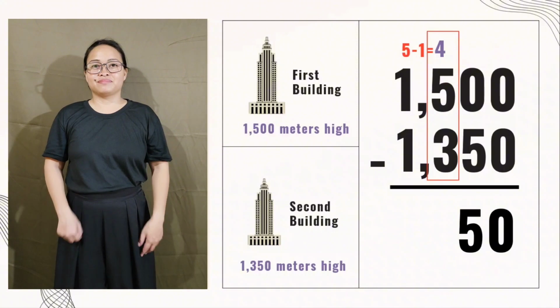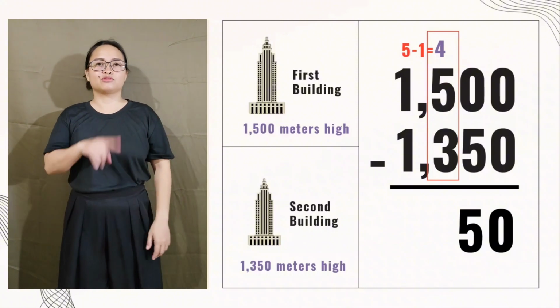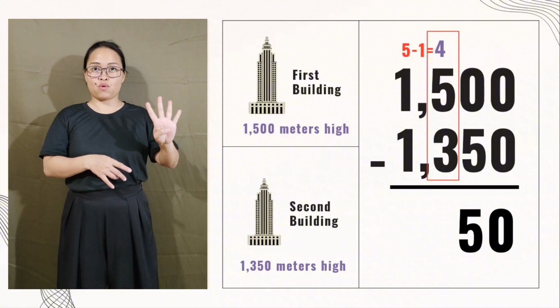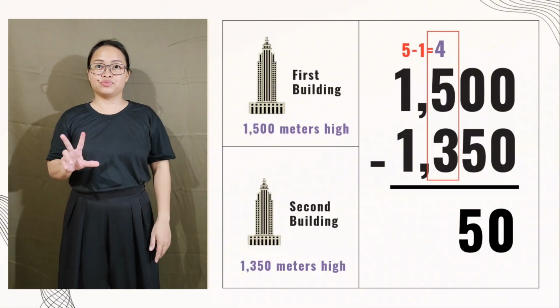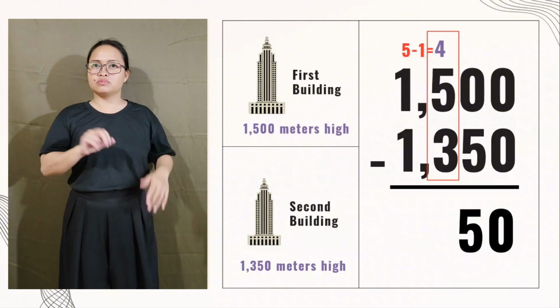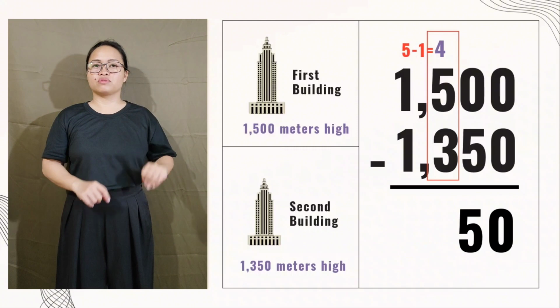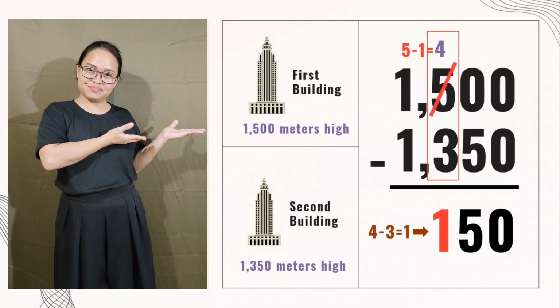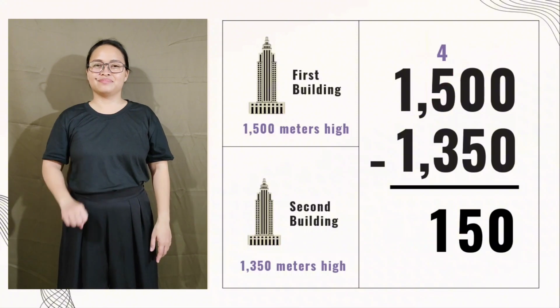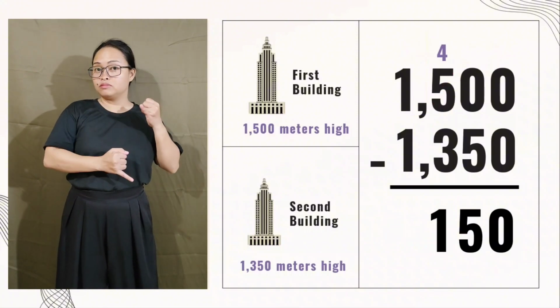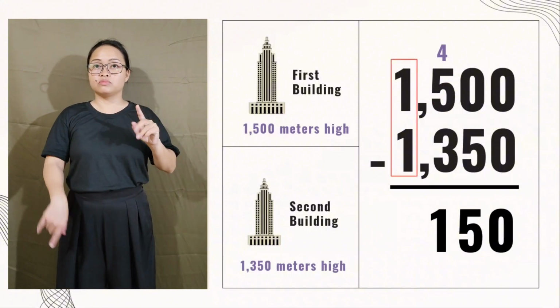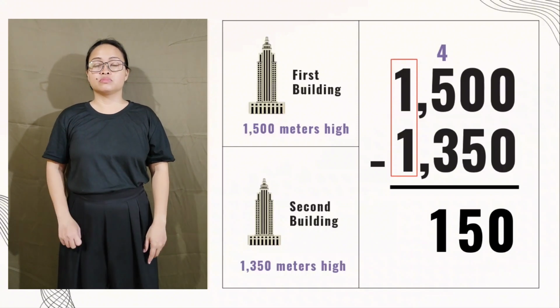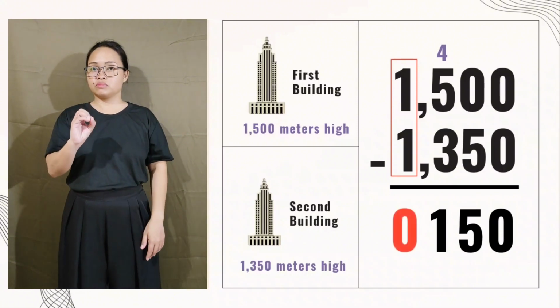Alright, next, 4 minus 3. So let's take away 3 from 4. We are left with 1. And lastly, 1 minus 1, that would be 0.